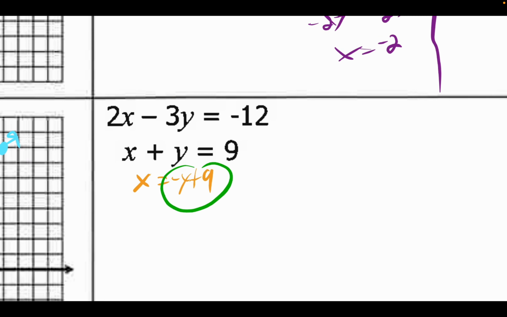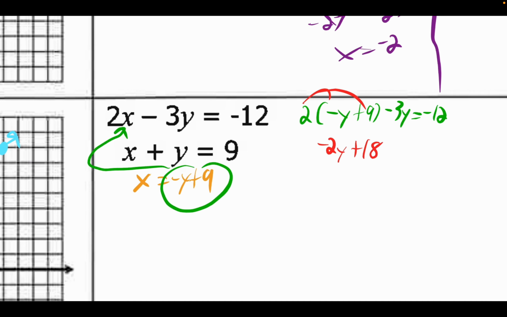I plug all of this into x in my other equation, and I get 2 times negative y plus 9 minus 3y equals negative 12. Distributing the 2, you get negative 2y plus 18 minus 3y equals negative 12.